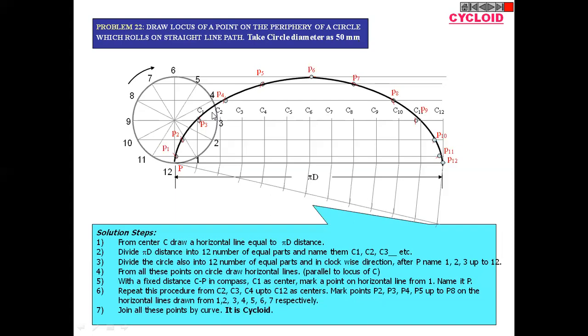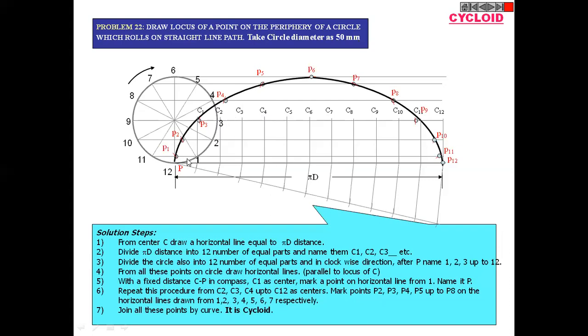In the same way, with the same radius of 25 mm, for the different positions: C2, line number 2, C3, line number 3, C4 as a center, line C4.